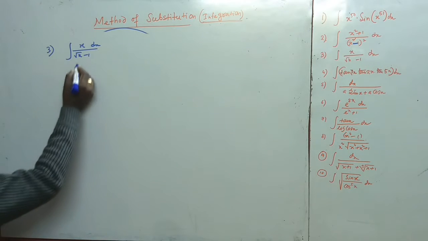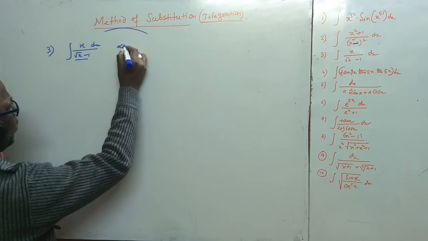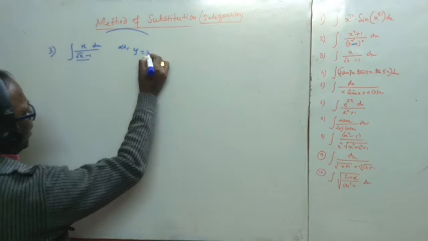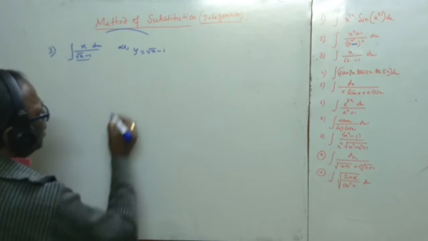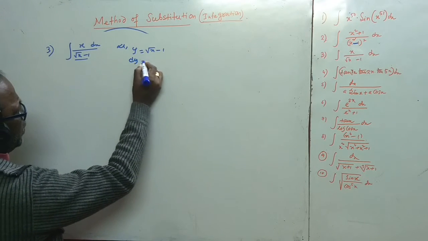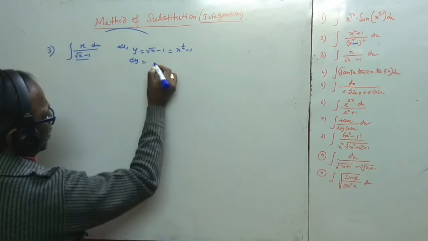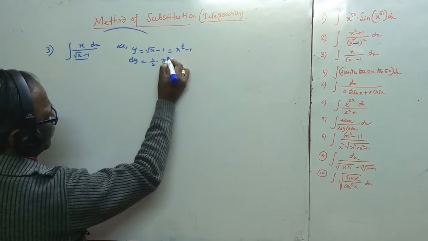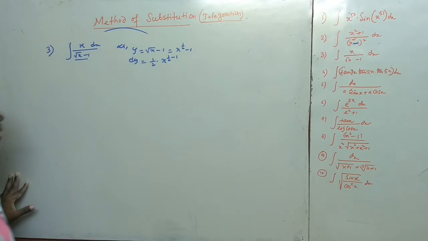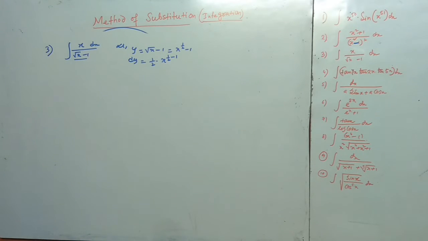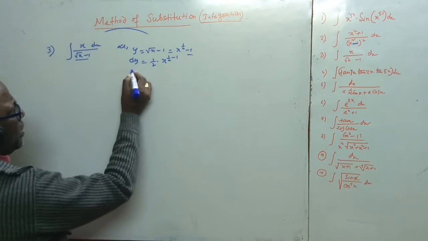Same as, if we let us assume y, what happened? See, that is dy, that is x to the power half minus 1. So half and half to the power x to the half minus 1, and the differentiation of this is 0, 1.